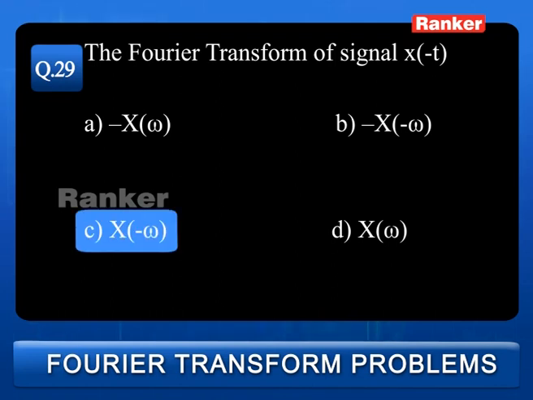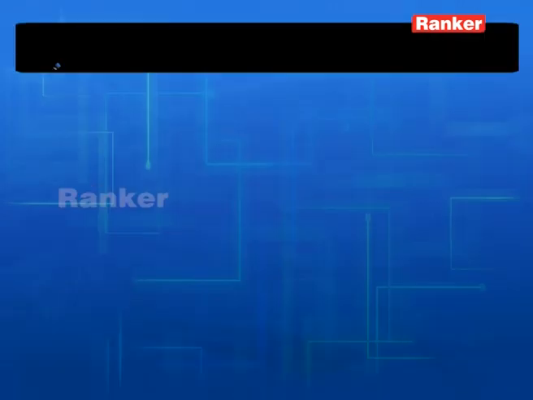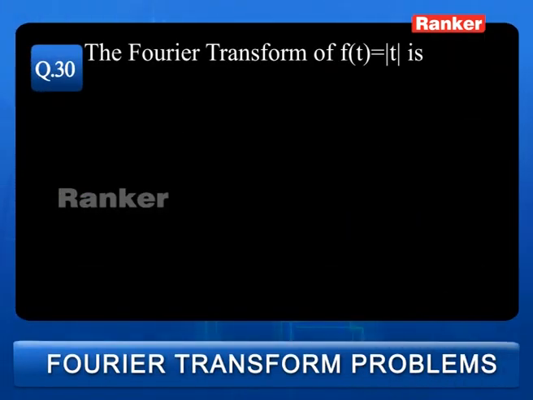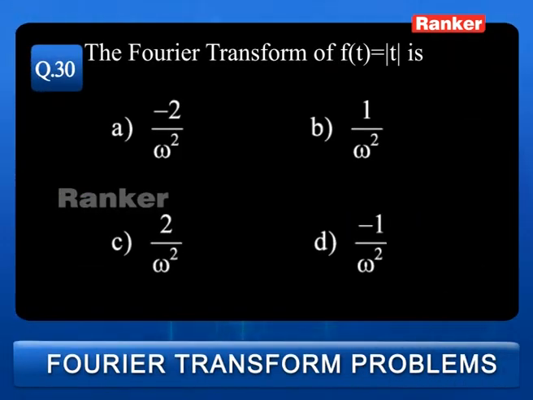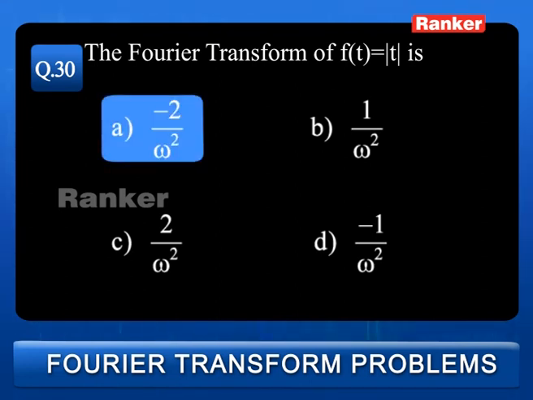So the answer is C. Let us look at the next question. The Fourier transform of f of t equal to mod t is A. minus 2 by omega square, B. 1 by omega square, C. 2 by omega square, D. minus 1 by omega square. The answer is minus 2 by omega square.